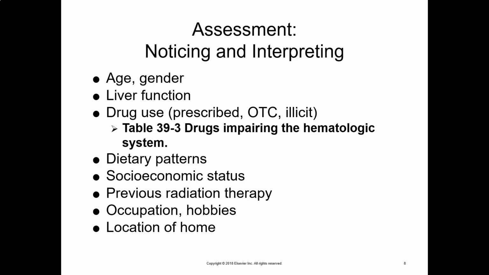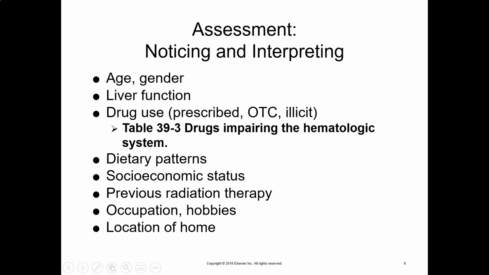I always thought that was just something I learned in nursing books, but it really is. There's people who eat things that are quite odd. You see it a lot with pregnancy. Patients also, you have to look at their occupation and their hobbies. And the location of their home also can make a difference in their hematological status.